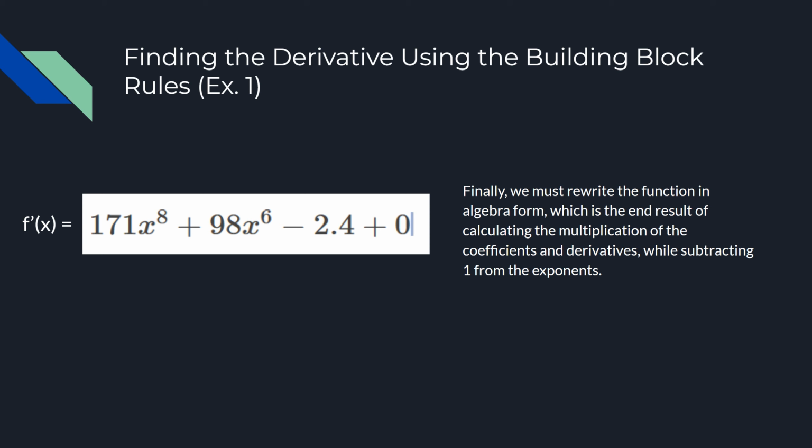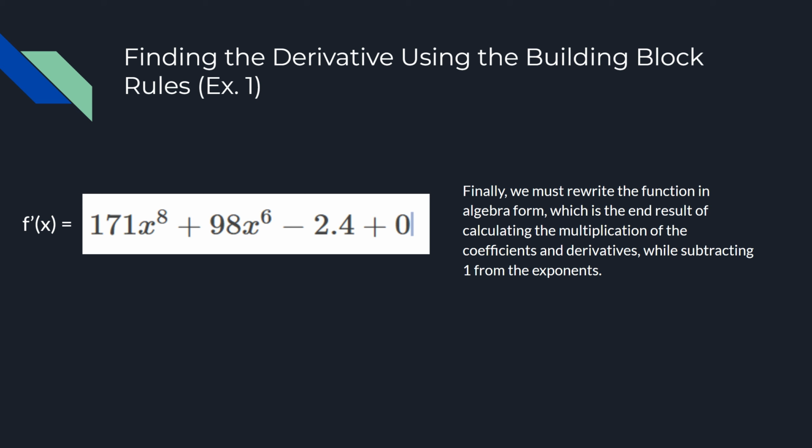And if we calculate it, 19 times the exponent 9 would equal 171, and then by subtracting 1 from the exponent we get 171x to the power of 8, plus 14 times 7, which would be 98x, and then 7 minus 1 as the exponent, which is equal to 6.